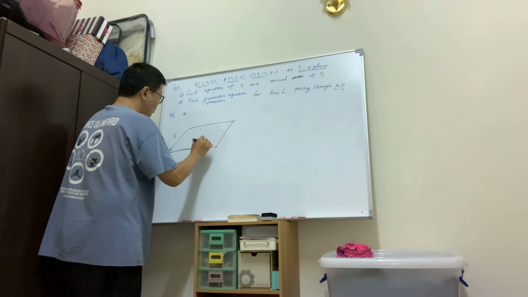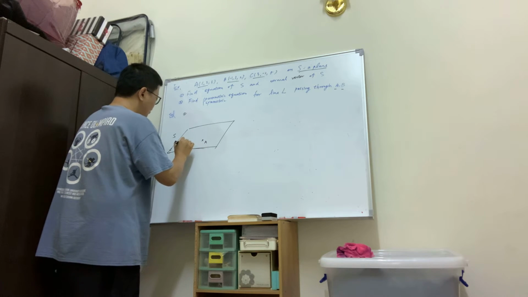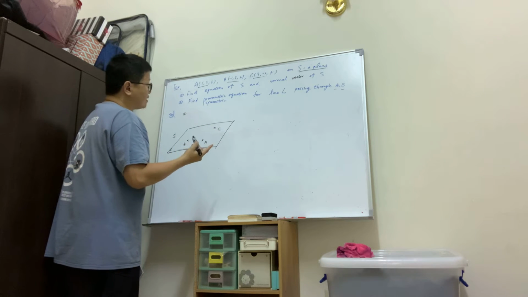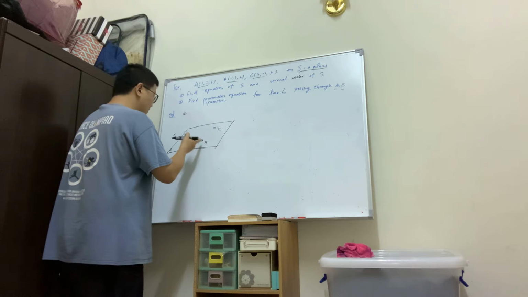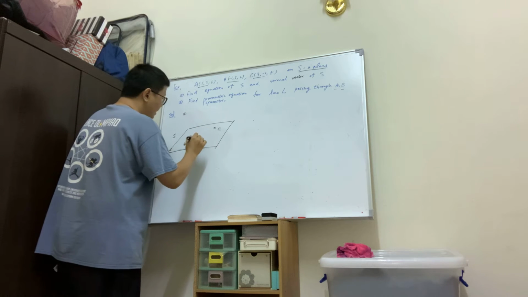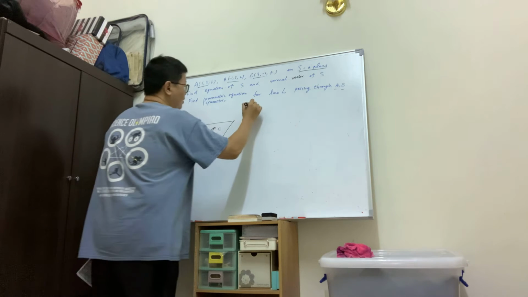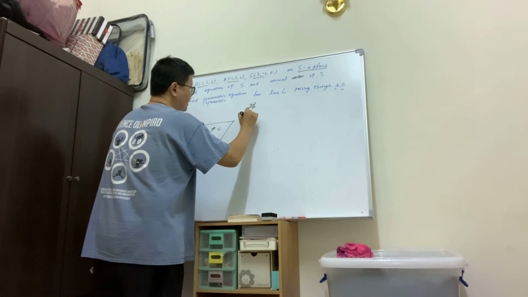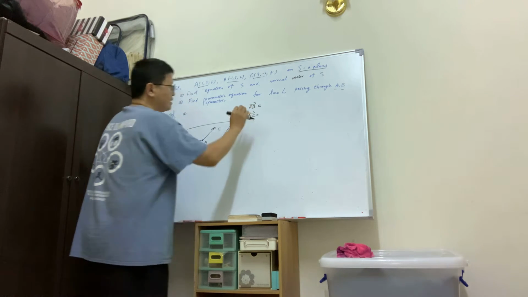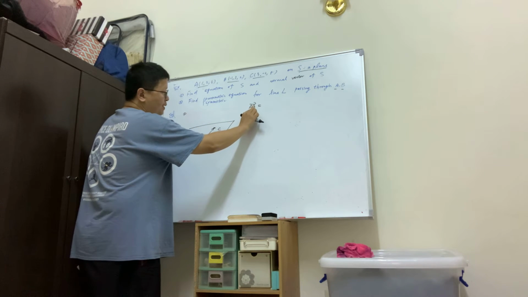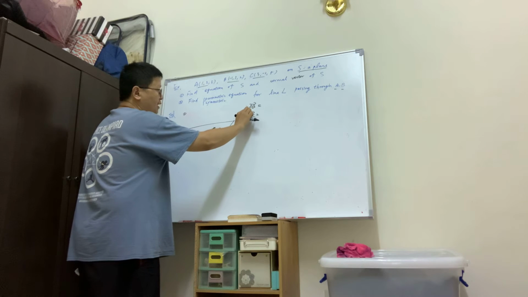We just have 3 points. How to get 2 vectors? You could fix A, or fix B, or fix C. Now we fix A, so we consider these 2 vectors, AB and AC. For a vector, consider its initial point and terminal point, so terminal point subtract initial point.